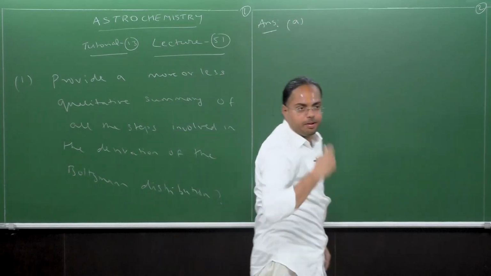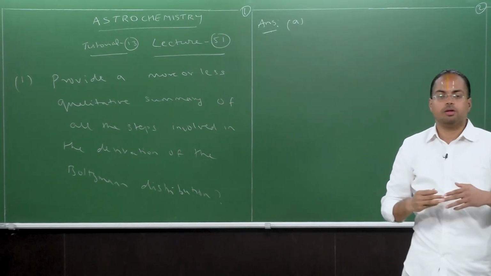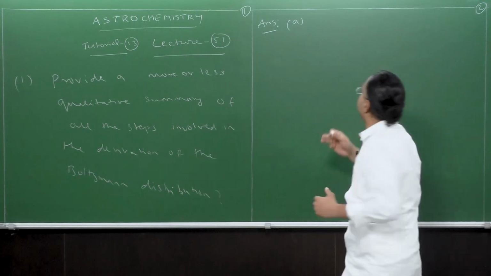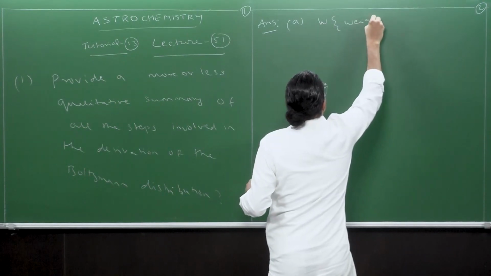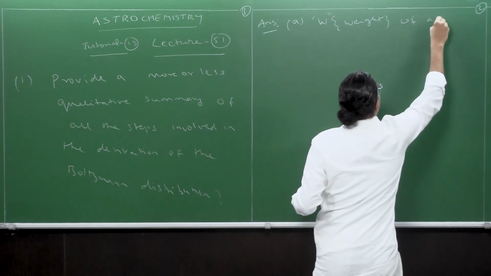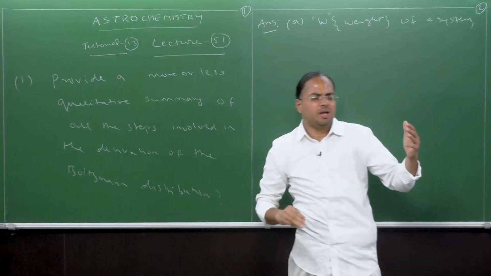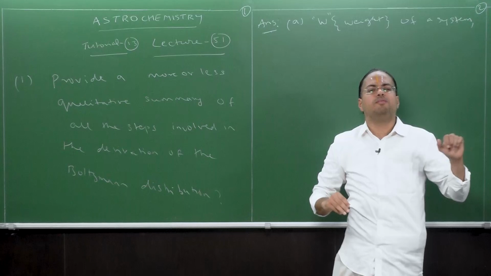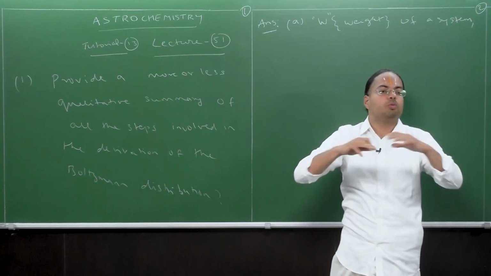So what was the first step? The first step was to define the weight of a system. And what is the physical meaning of the weight? It tells you about the various ways in which all the molecules present in a system could be arranged.